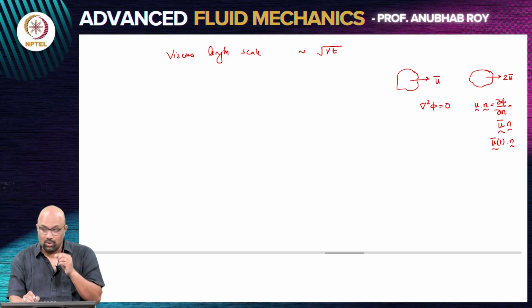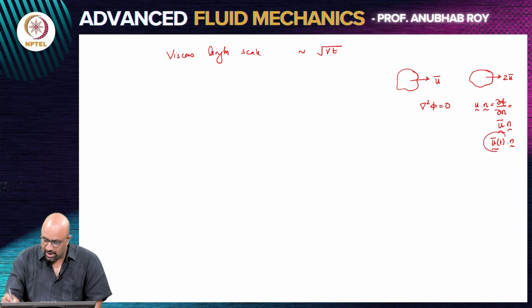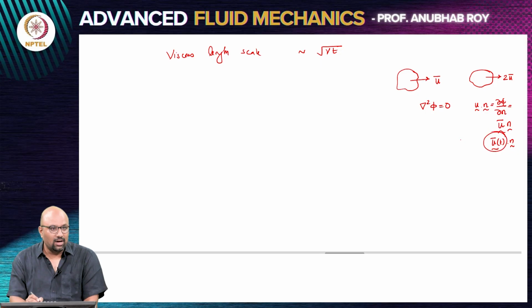Obviously, the force is going to be cognizant of it because the force has a rate of change of potential. If there is a certain change in u of t, we learnt about added mass, and we realized that acceleration is responsible for a reaction from the fluid on the object. So there is an added mass component to it.